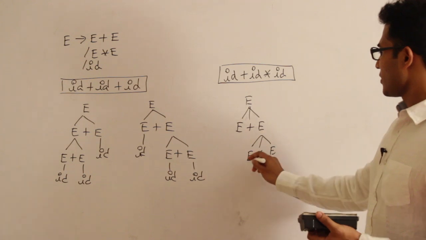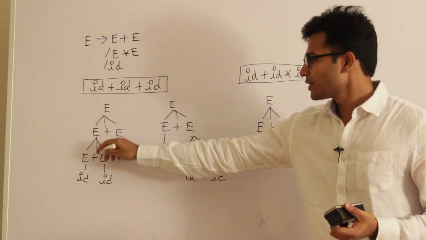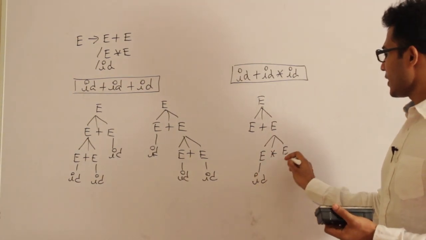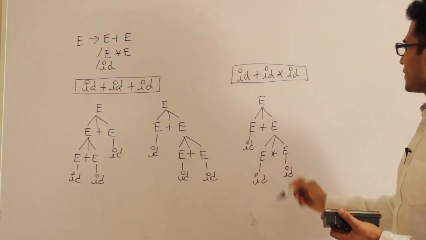Okay, and now every terminal has to be generated by the tree. So this is id, and this is id, and this is id. So this is nothing but id plus id into id.